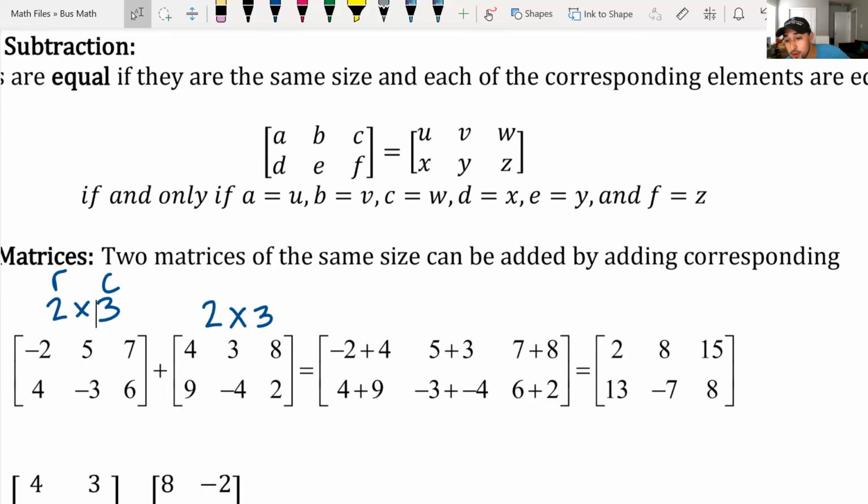Gives us the final matrix, which is also 2 by 3, of 2, 8, 15, 13, -7, and 8. So we also will end up with the same size matrix when you add and subtract them.